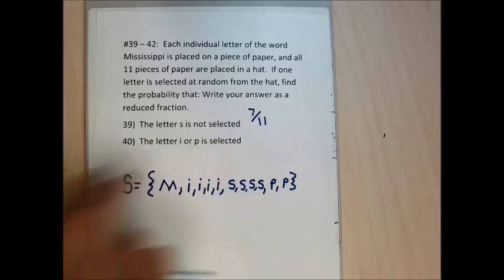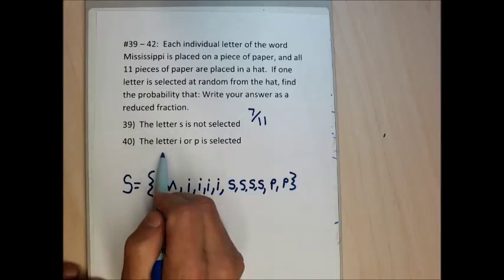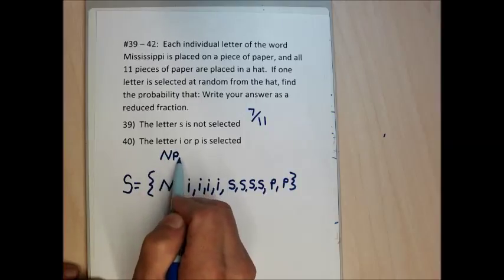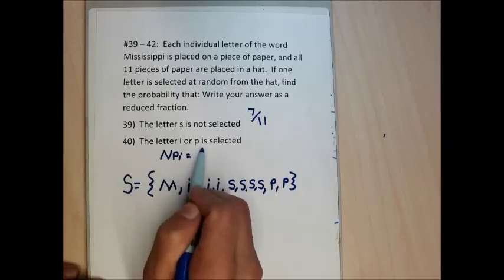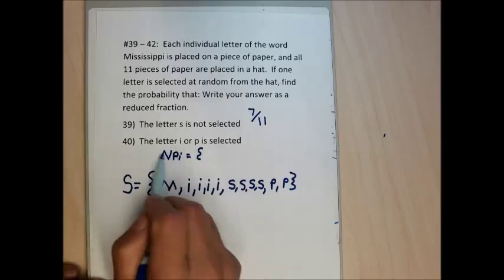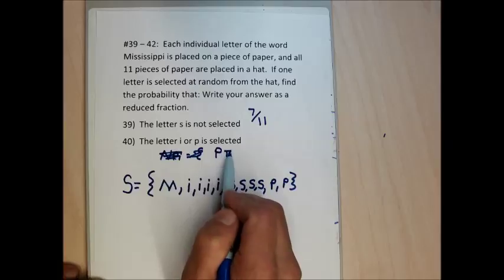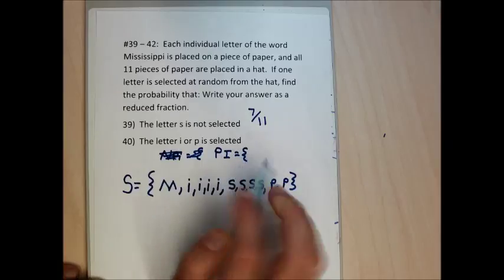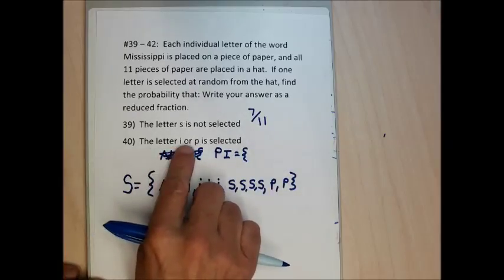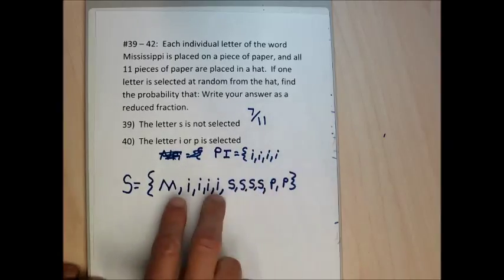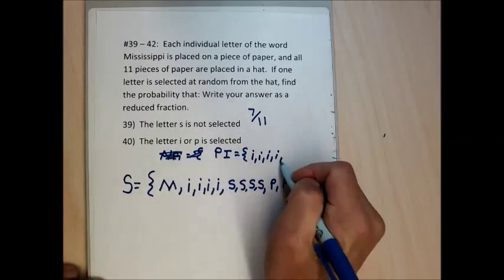When I go to do my 40, I can do a subset of the sample space. I'm going to do the set P, I, which means the set that contains the P's and the I's, because I'm finding the probability that an I or a P is selected. And in this grouping, there's 2 P's and 4 I's.